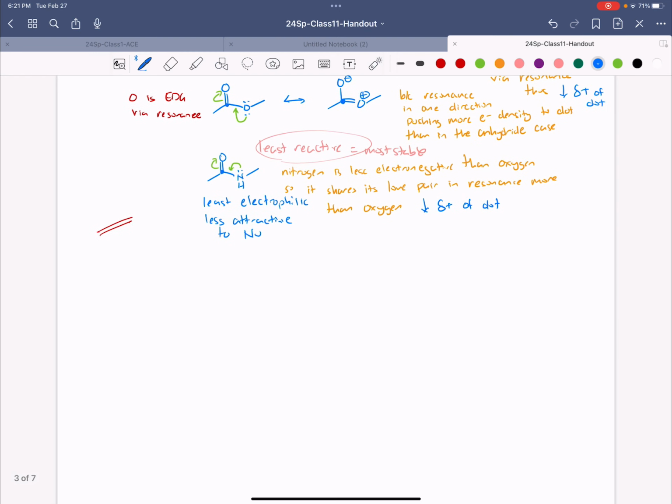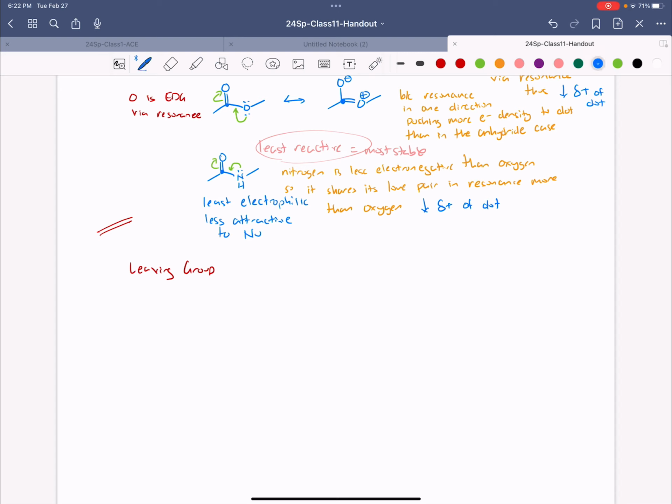The leaving group. Okay, so here we're going to talk about leaving group. The more stable the leaving group, the more reactive, right? Because you want to get to the other side, to the right side of the reaction.